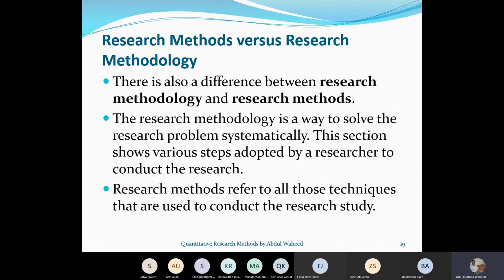But research method refers to all those techniques that are used to conduct the research study. So in research methods, we are basically concerned with the techniques. But in research methodology, we are basically concerned with the way in which a particular research problem is solved.